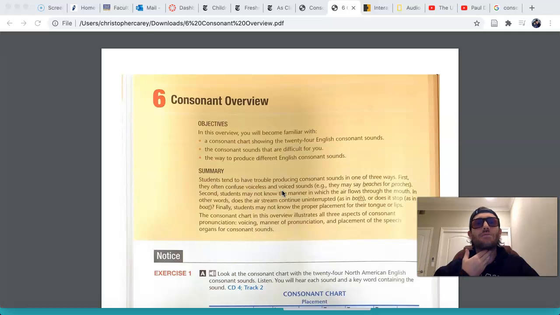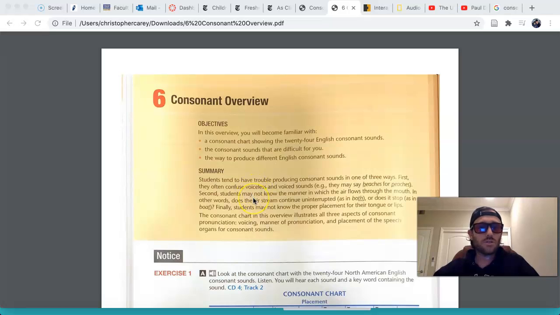In the throat, we create vibration for these consonant sounds. That's what it means to be voiced, vibration. Voiceless means the opposite, no vibration when we create these consonant sounds. So confusing voiced and voiceless is one of the 3 ways that students have a hard time with consonant sounds.